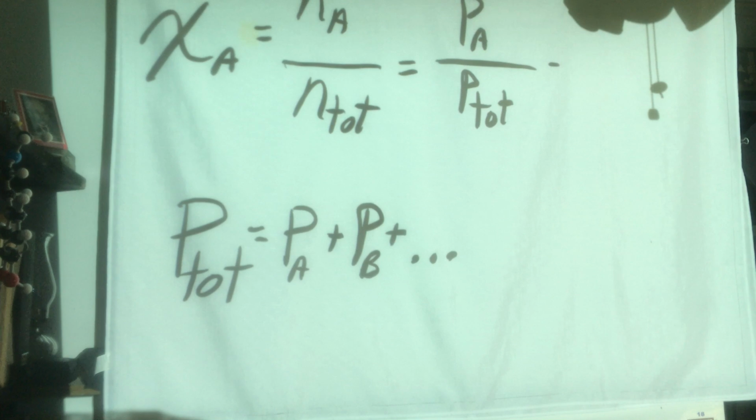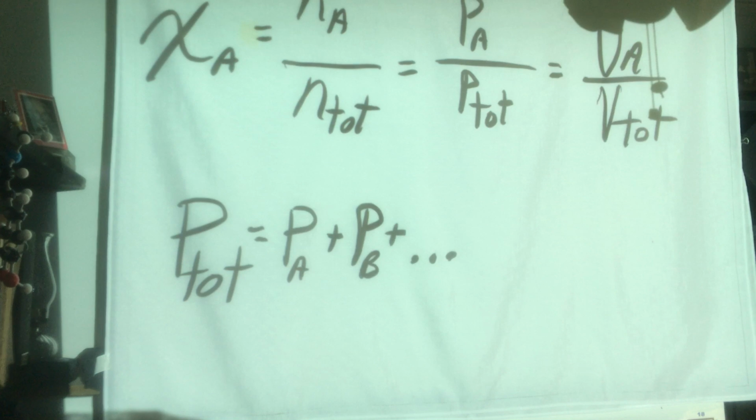We can also take the volume of a gas in a mixture and ratio it with the total volume. These 3 ratios, or fractions, allow us to sometimes save time in calculations and give us a little bit of a shortcut.